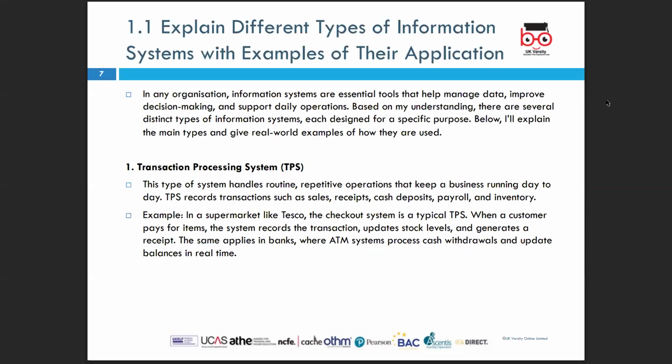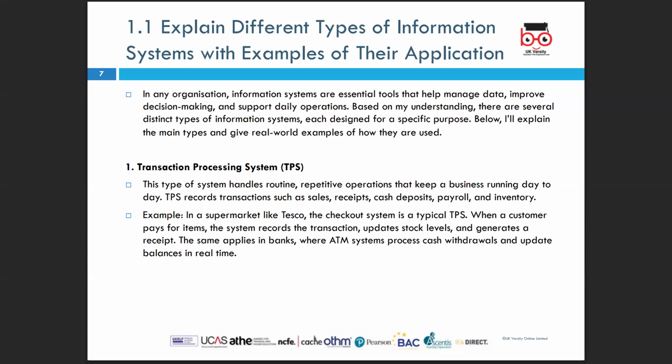Now we're looking into learning outcome 1, where we're going to explain different types of information system with examples of the application. So we now know that in any organization, information systems are essential tools that help manage data, improve decision making, and support daily operations.